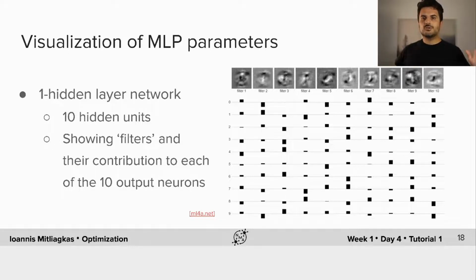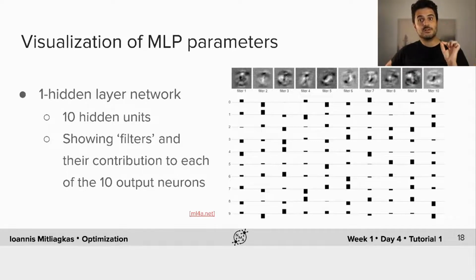And we choose arbitrarily that we will have 10 hidden units. So what we see here on the right is an example of that, okay? We can consider each one of the 10 hidden units, and by the way, 10 here is arbitrary, it doesn't have to match the number of classes, it's a coincidence.